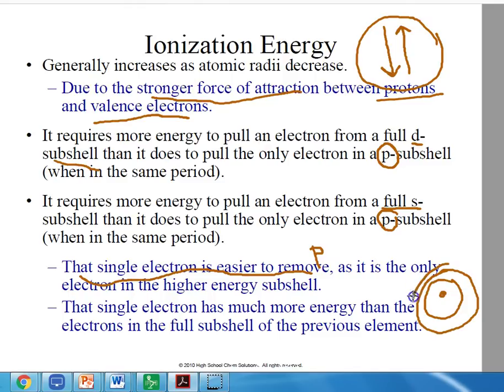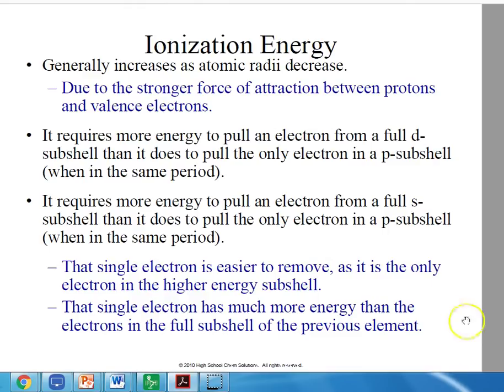So that p sublevel is a little bit further from the nucleus with its one lone electron, so it's a little bit easier to remove. So even though we think it should be increasing as we move across the periodic table, when we move into that p sublevel, we see an exception to the rule.